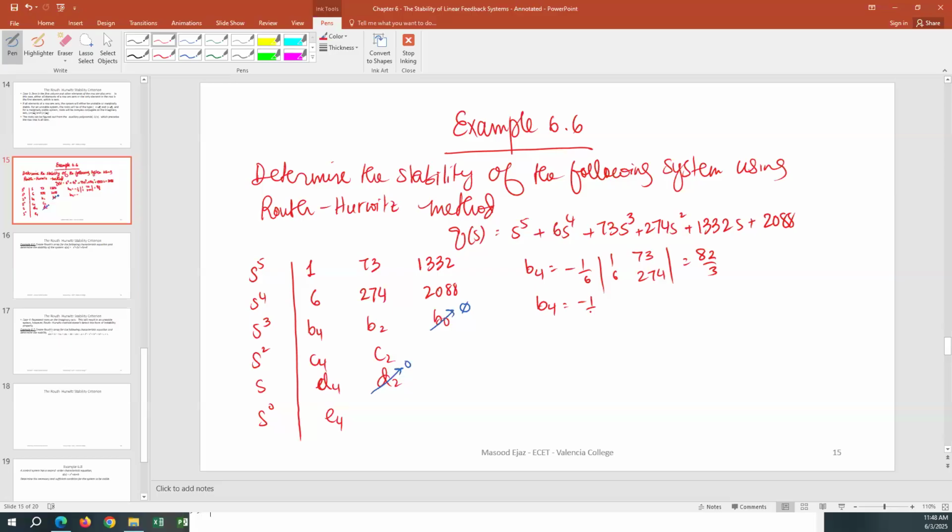B2 is negative 1 over 6, determinant of 1, 6, and then the third row, 1332, 2088. And this is coming out to be 984.